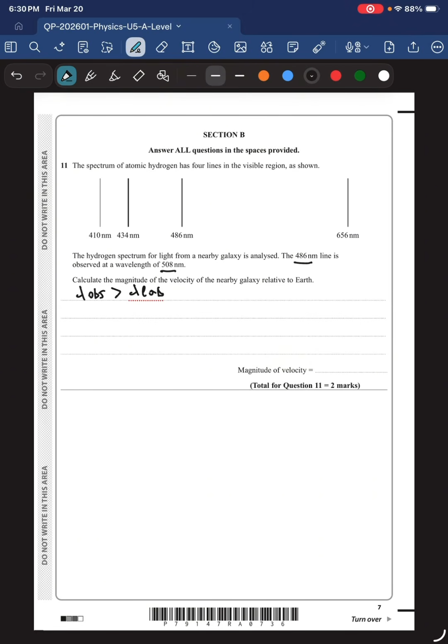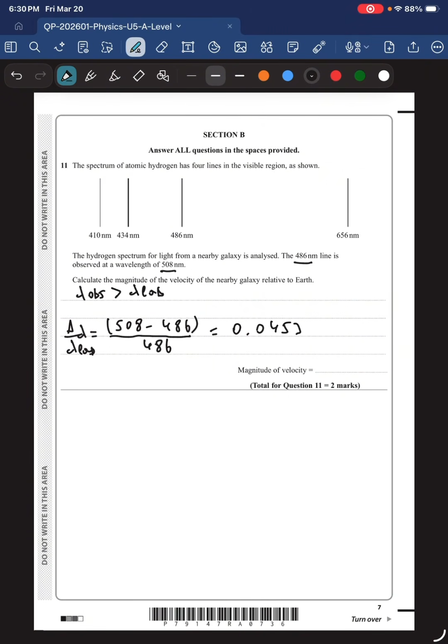So delta lambda over lambda lab, it's always lambda lab in the denominator, by the way, is 508 minus 486, over 486. So we subtract from the observed wavelength from the galaxy the wavelength in the lab.